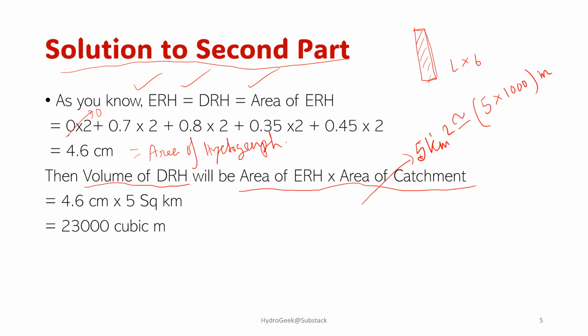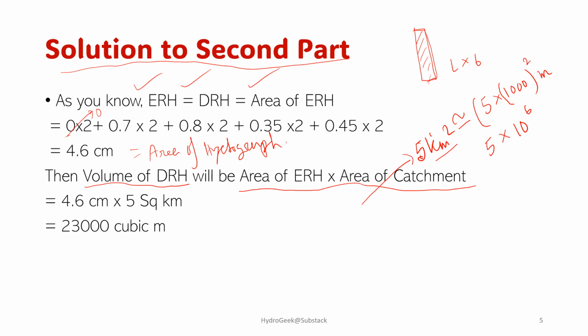So 5 kilometers will be 5 into 1000 to get the meters. But remember, not only 1000, because this is given in 5 kilometers square. So this 1000, the conversion factor, will also be squared. So this is actually 5 into 10 to the power 6. Okay, clear?